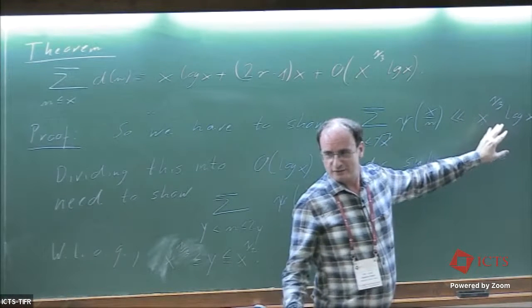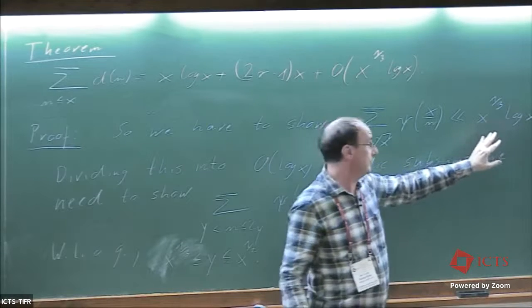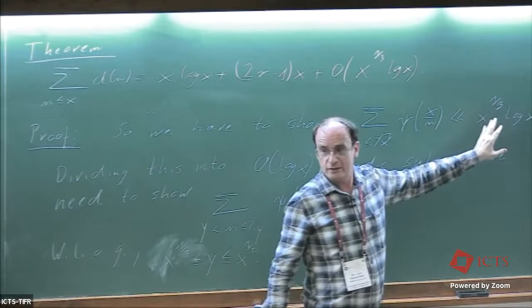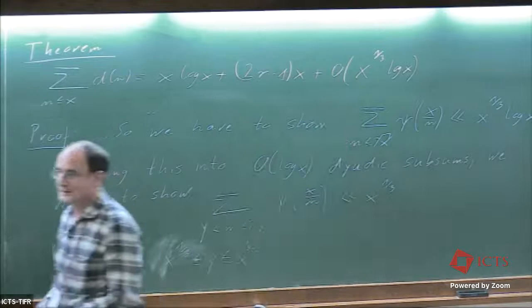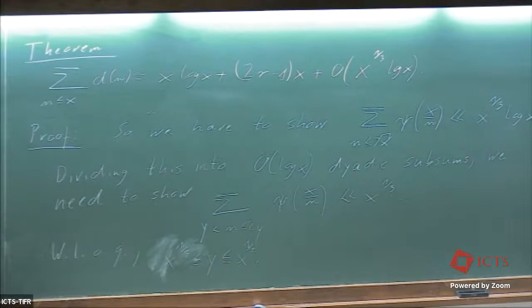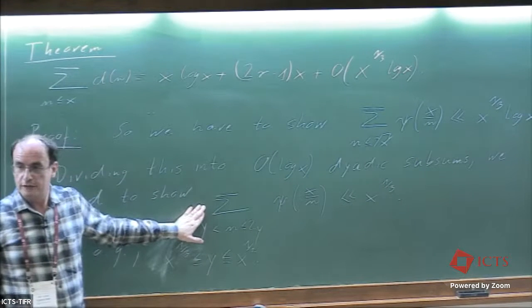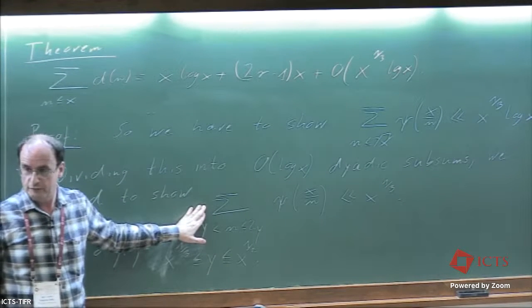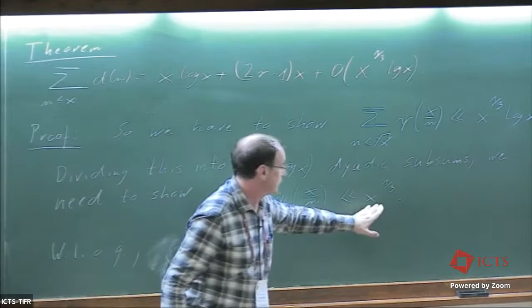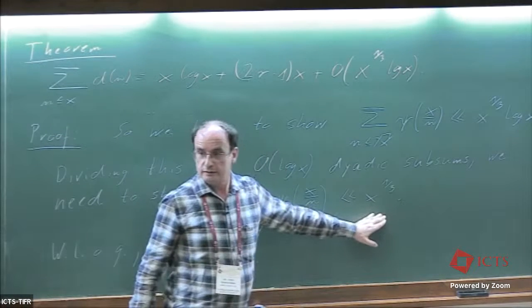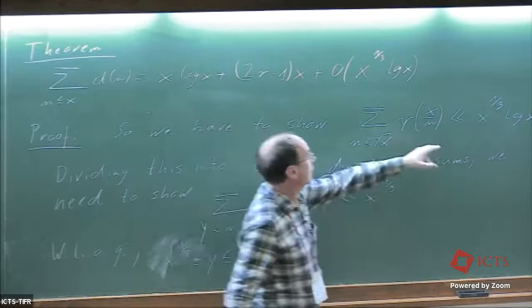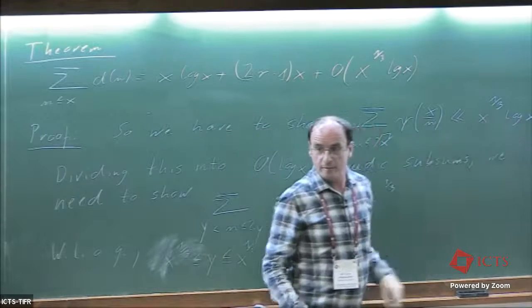And that will be sufficient. For every y, we will actually obtain x to the 1/3. Yes, fine. So then we take log x of these sums, and altogether this gives x to the 1/3 log x, right? And so we get that estimate for the complete sum.